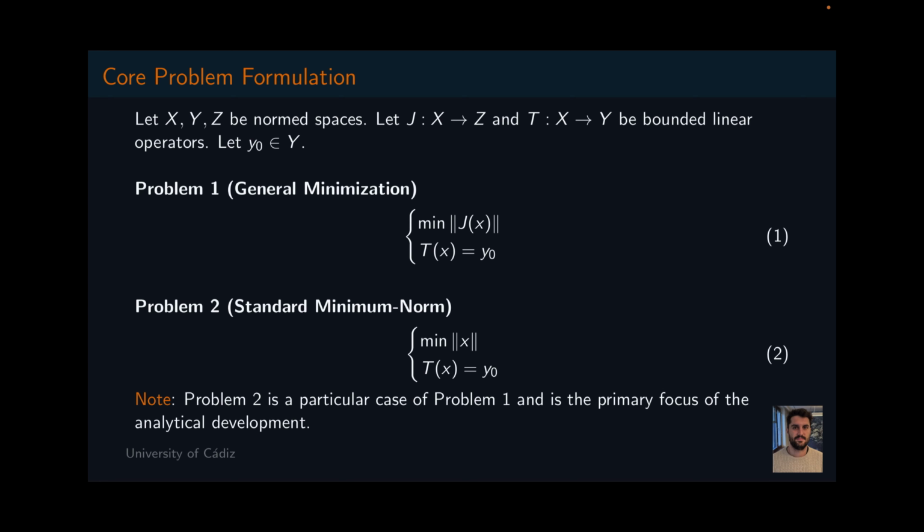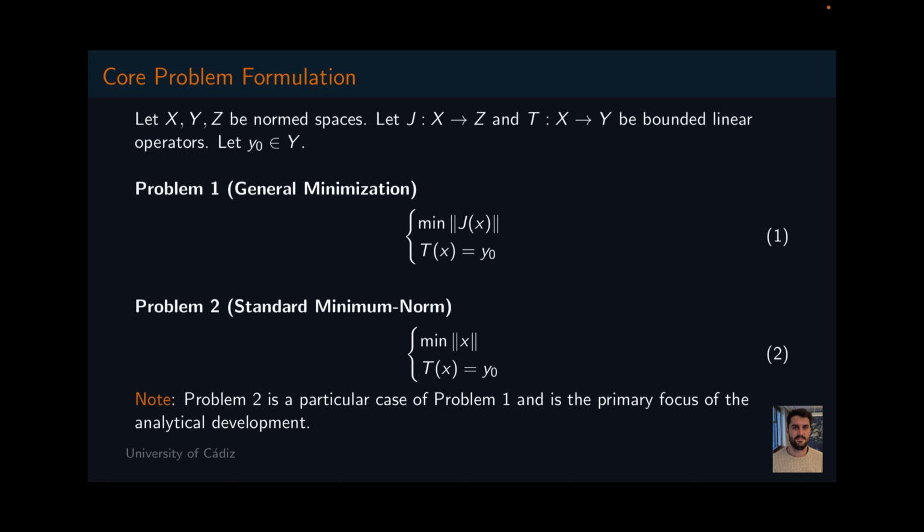By applying a clever change of variables, this general case can be structurally reduced to what we call problem 2. This is the standard minimum norm problem, simply finding the minimum of the norm of x, subject to that exact same constraint, T of x equals y0.